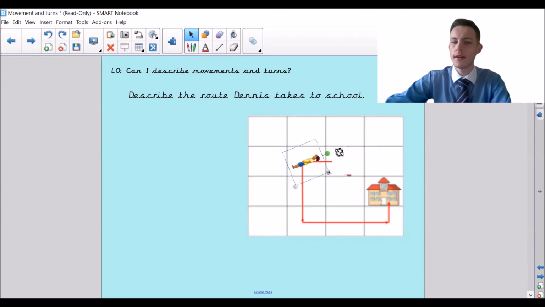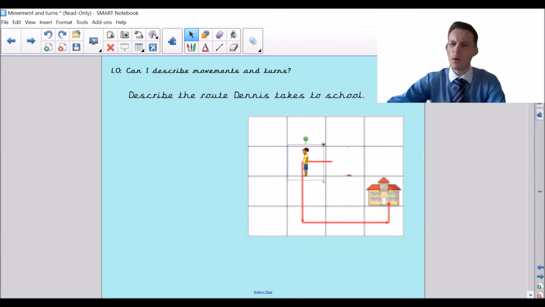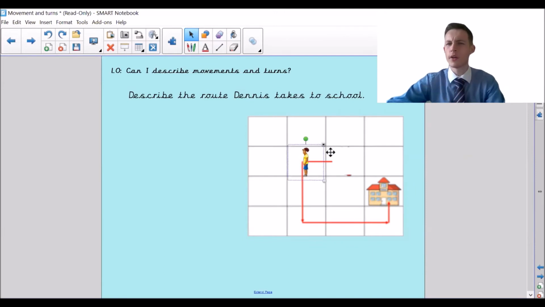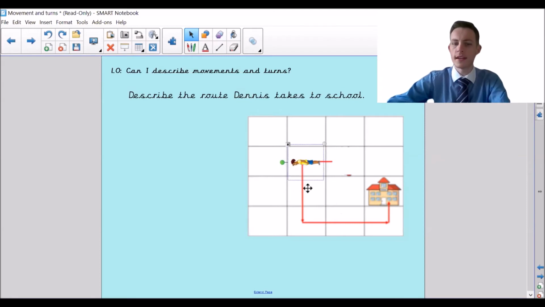So if you've said we need to make a quarter turn or a 3/4 turn, you'd be absolutely right. The only thing that you need to make sure is you need to say whether your turn is going to be clockwise or anti-clockwise. So for this one, I'm going to be doing a quarter turn clockwise.